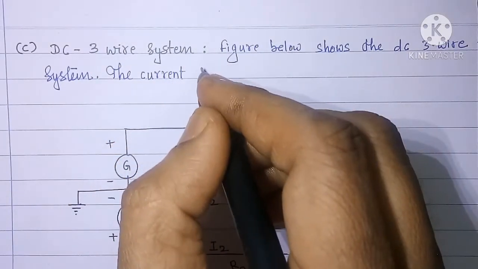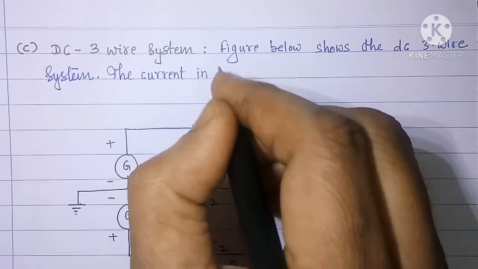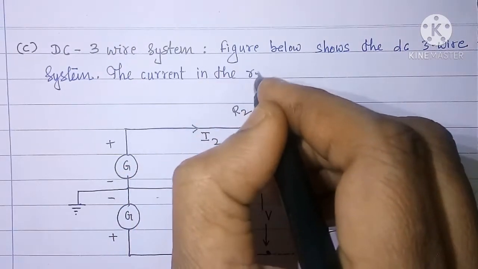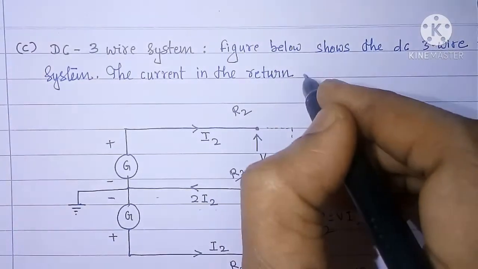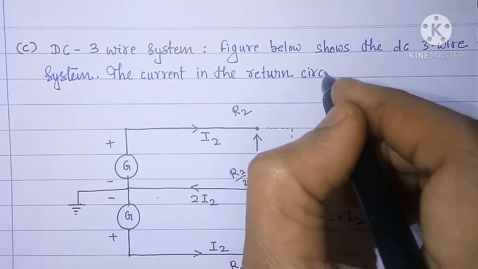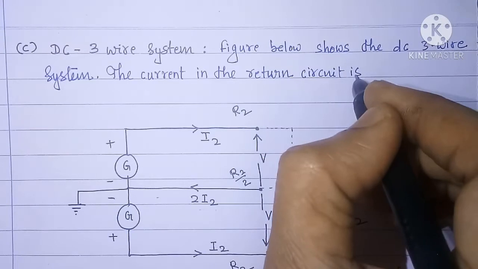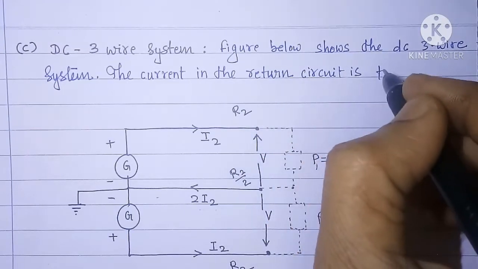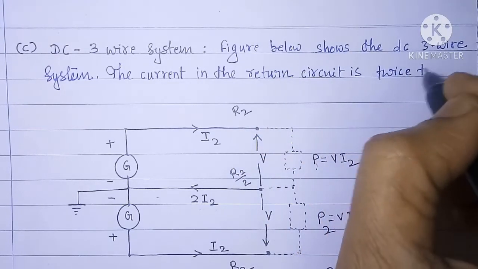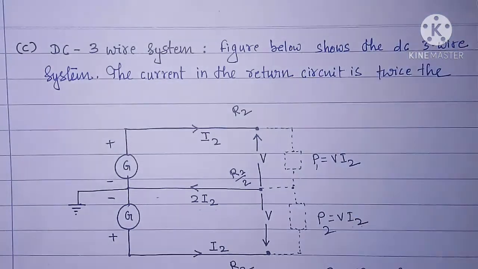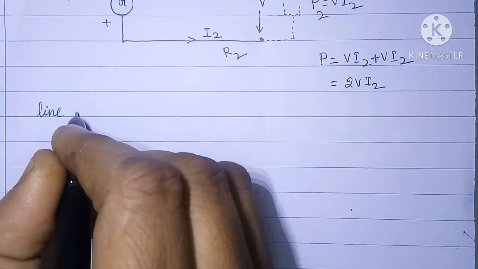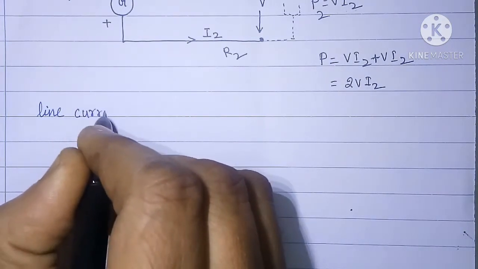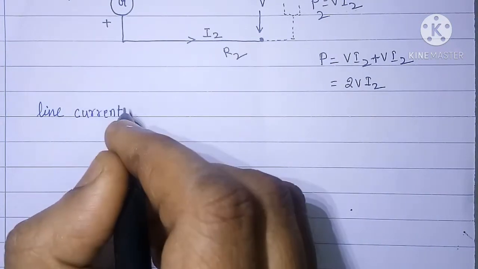The current in the return circuit is twice the line current.